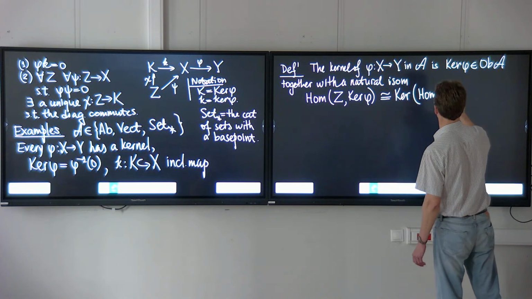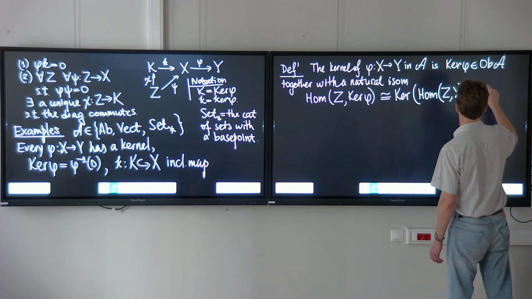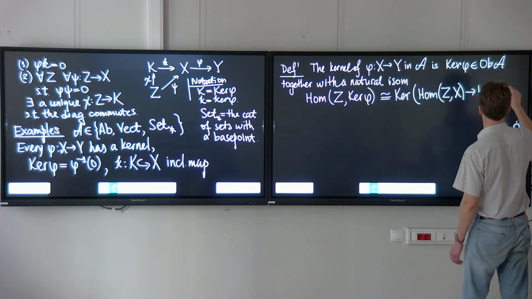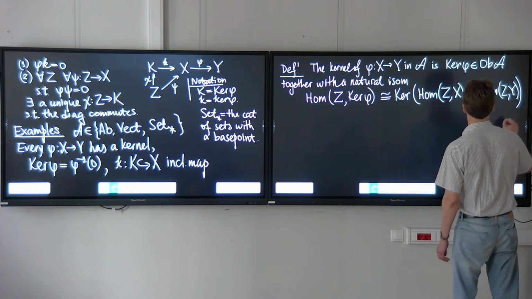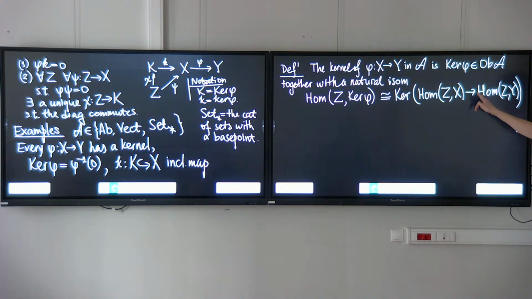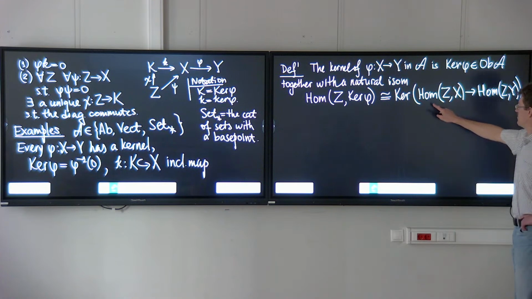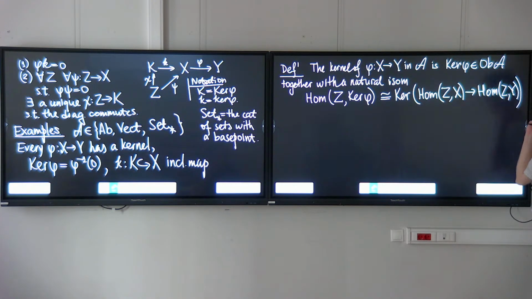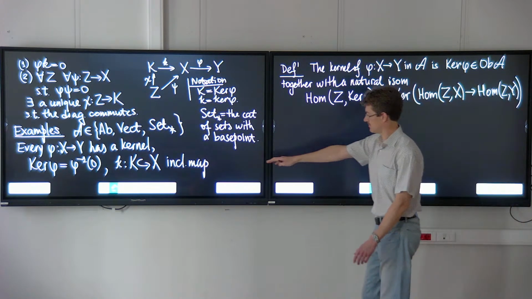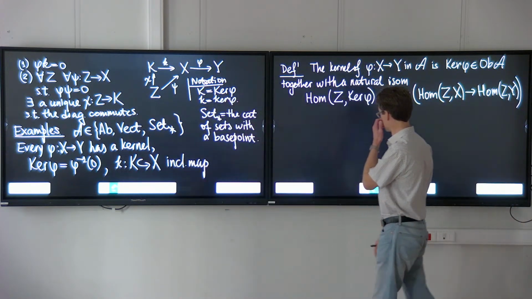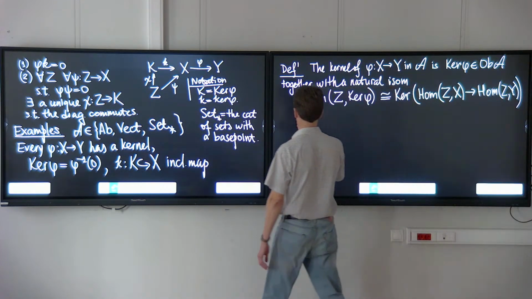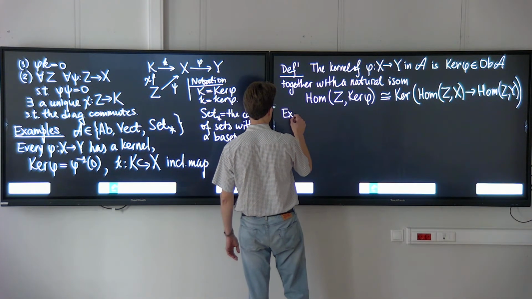So it acts from this set to this set. So now this arrow is induced by phi in the usual way. So it takes every morphism from Z to X to its composition with phi. Both hom sets are actually equipped with base points. The base point here and here is the 0 morphism. And the kernel is just the preimage of 0. The useful exercise is to show that these definitions are equivalent.